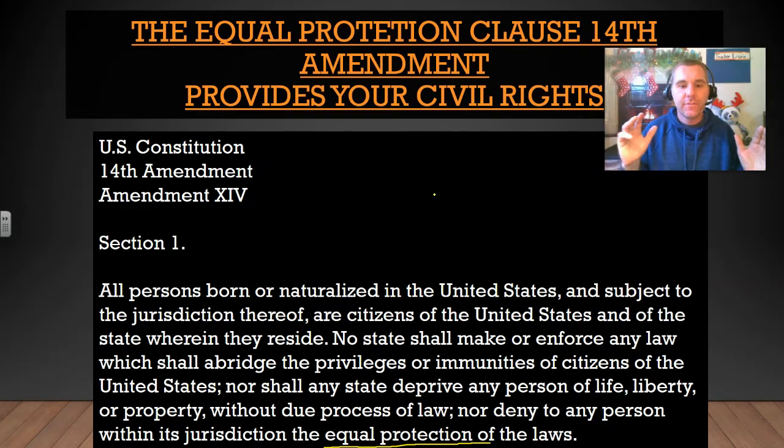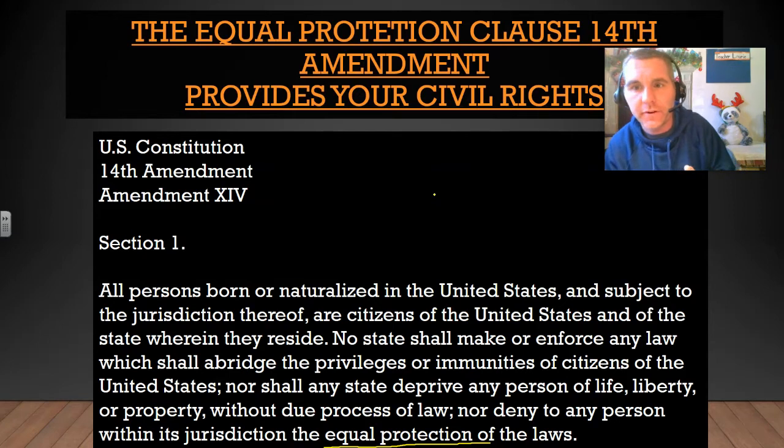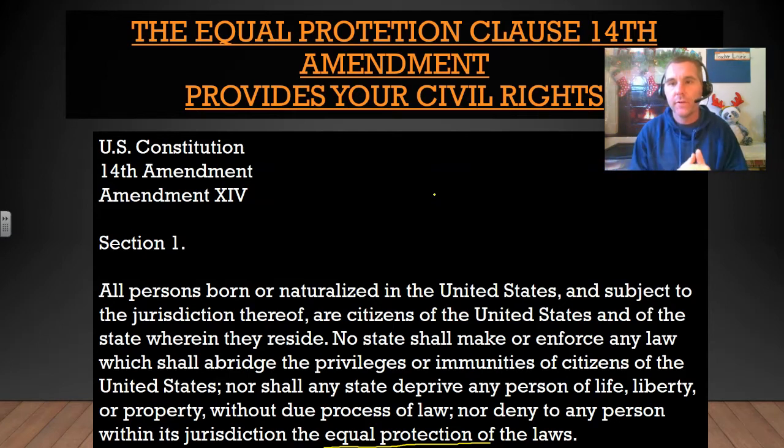Again, civil rights are largely going to tell the states you have to treat citizens equally. We have had some legislation passed, like the Civil Rights Act in 1964, that has obviously taken power away from the states.